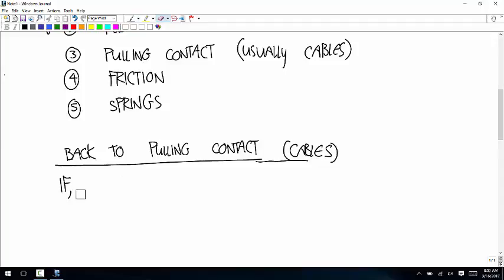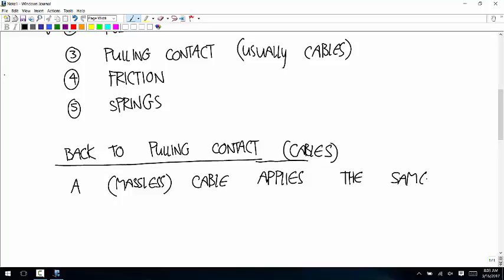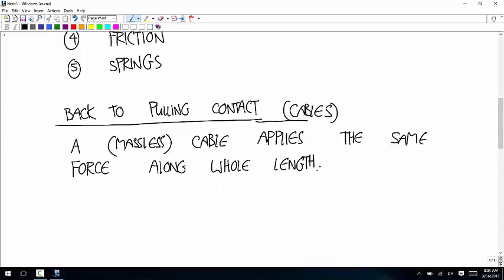Actually, let me go back a little bit from that. A massless cable applies the same magnitude of force along its whole length.